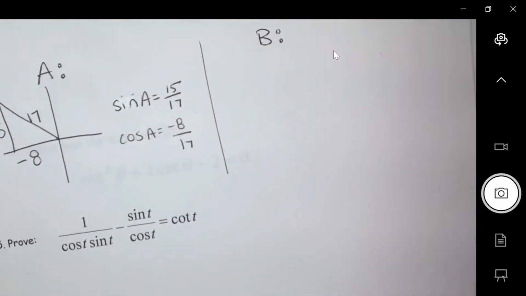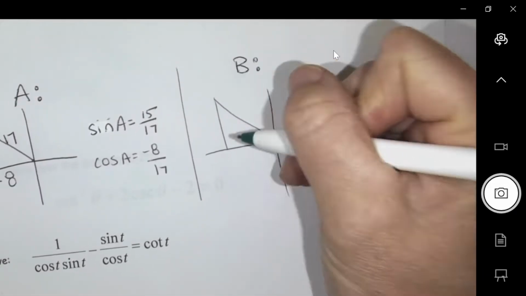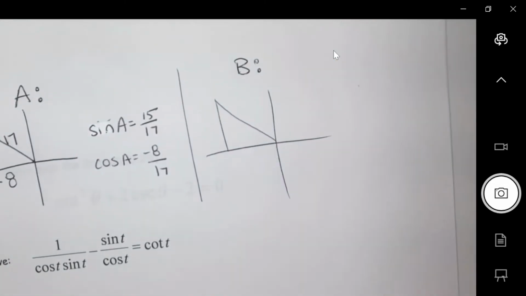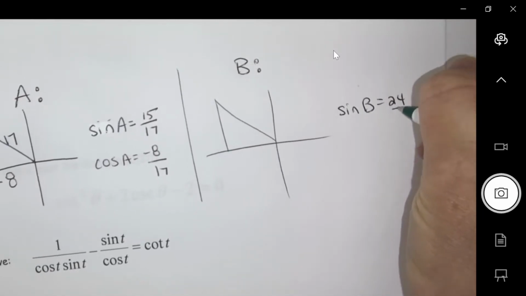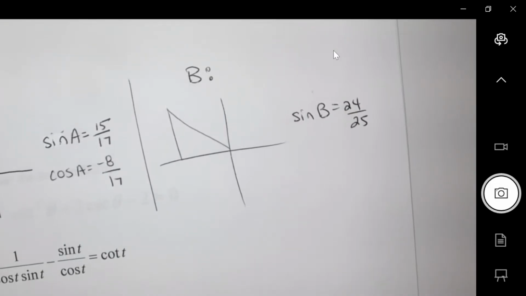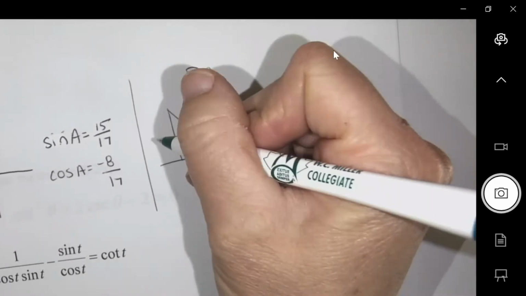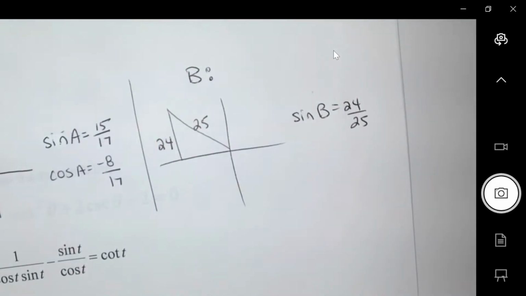Okay, let's go through the same process with B. So we said it is also in quadrant 2, and we were told the sign of it. Okay, so that's stuff we were told about it. It's in quadrant 2, and there's the sign. Can you put that on the triangle? So 24 and 25.